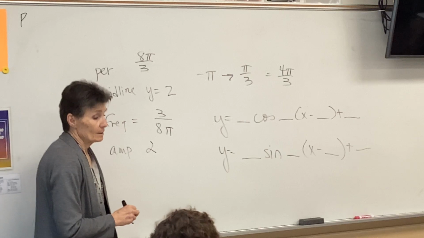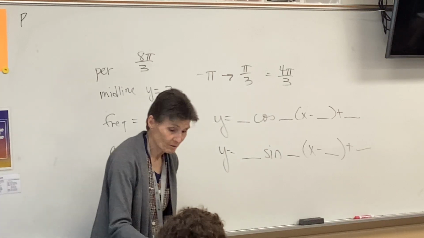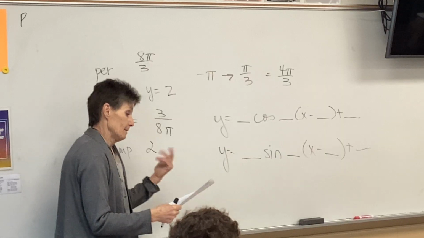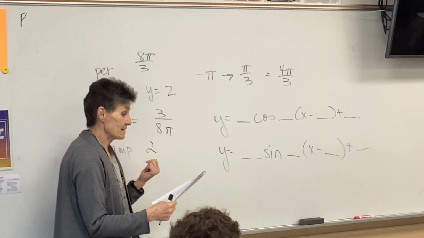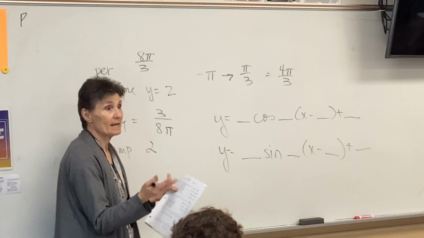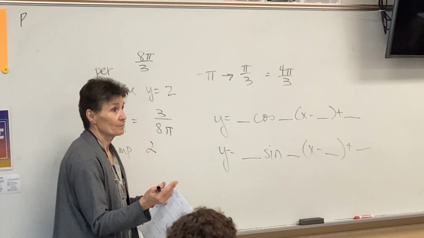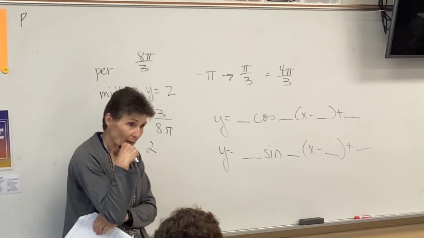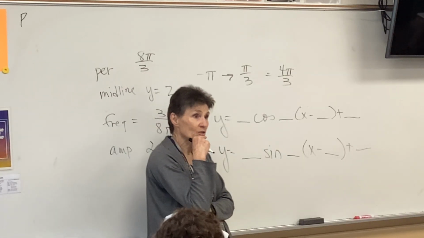Now, you want to look at it as a sine or a cosine, but you have to get started, so what do you want to do? Think of it as a sine starting at negative pi over 3. Can you go with that? Why would that be a sine? Because sines start on the midline.